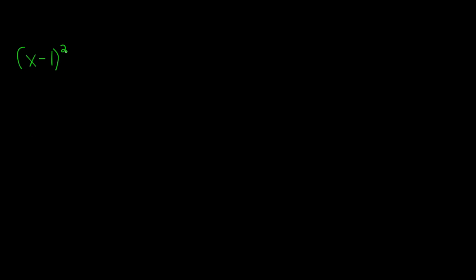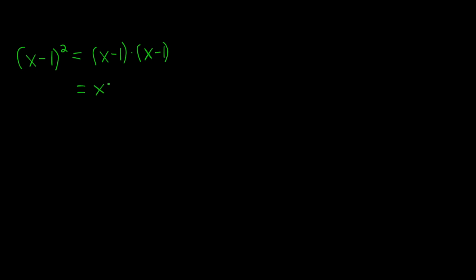Okay, so for the following example here, it might seem like there's nothing to FOIL at a glance, but just keep in mind that we have this squared here. And anytime that you see a term being squared, what that means is that we're multiplying it by itself. So we're going to have x minus 1 times x minus 1. And from here, this becomes a very easy expression to FOIL.